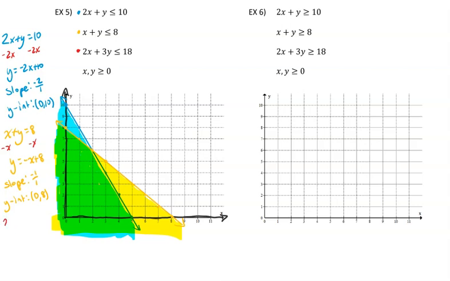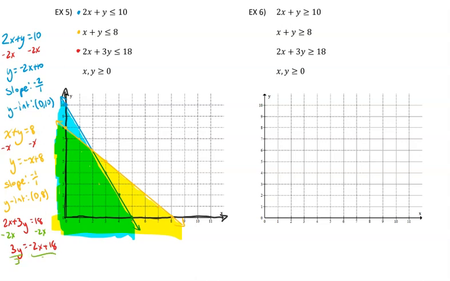All right, last one. 2x plus 3y is equal to 18. Okay, so we are first going to subtract 2x from both sides. So we get 3y equals negative 2x plus 18.